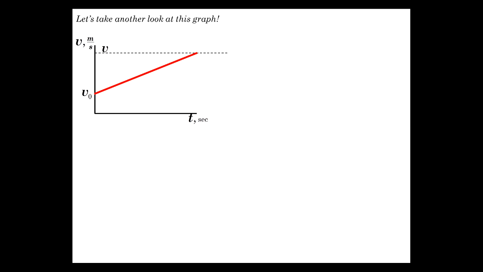Well, now let's take another look at our velocity graph. Here it is. And redrawing the same plot from v0 to v. Now what is the slope of the line? You know slope is rise over run, so it's going to be delta v divided by delta t.